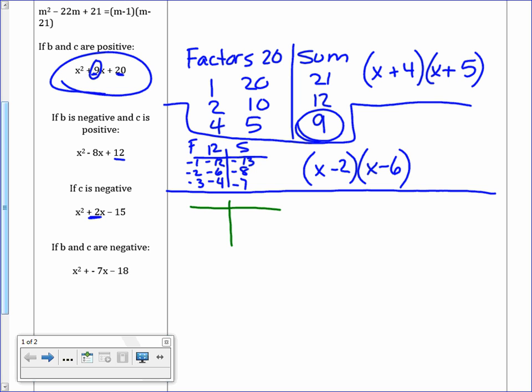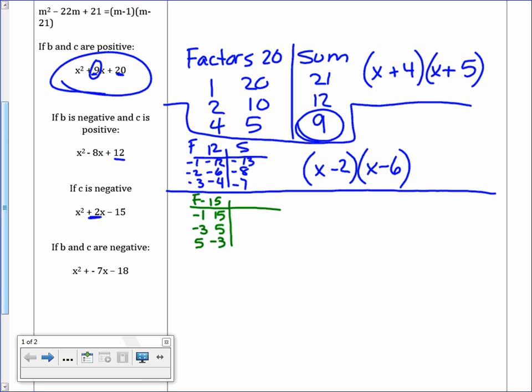So we want to definitely make sure that we're thinking about this when we're figuring it out. Let's see, we have a negative 1 and a positive 15. That's not going to work. And I have a negative 3 and a positive 5. And I could also say a positive 5 and a negative 3.